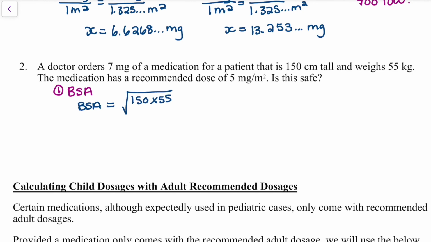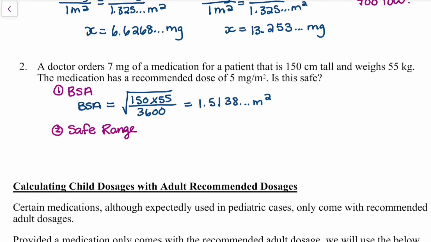So I'm doing 150 times 55 over 3600. I get 1.5138 meters squared.